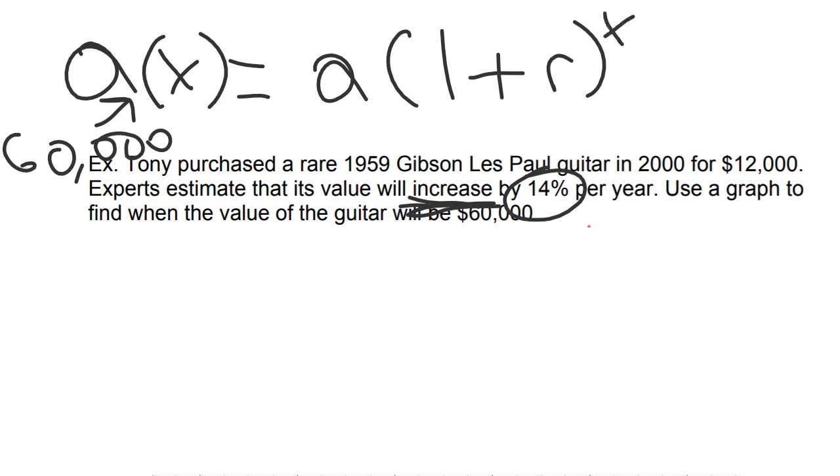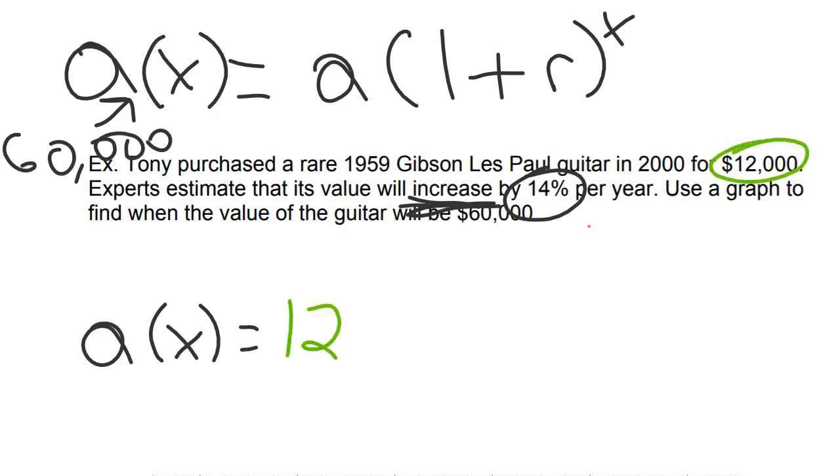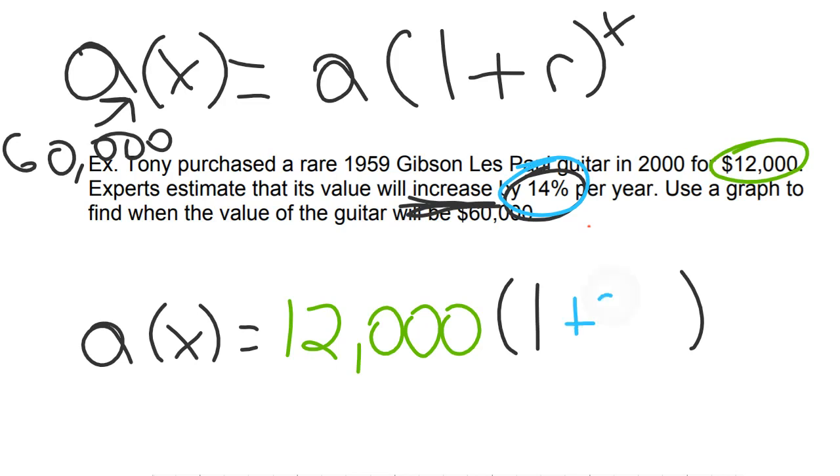So if we want to write this down in here, we'll say that a of x is equal to our initial value, which is 12,000. So I'm going to plug in 12,000 for A. And inside of parentheses, I have 1 plus my rate. My rate is 14%. Remember, 14% is equal to 0.14.